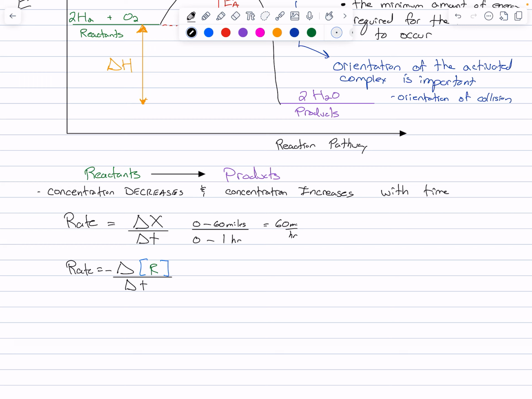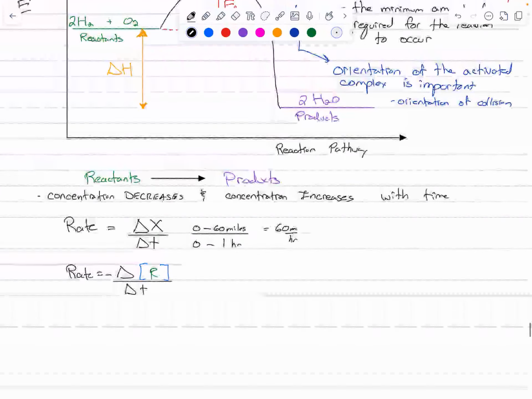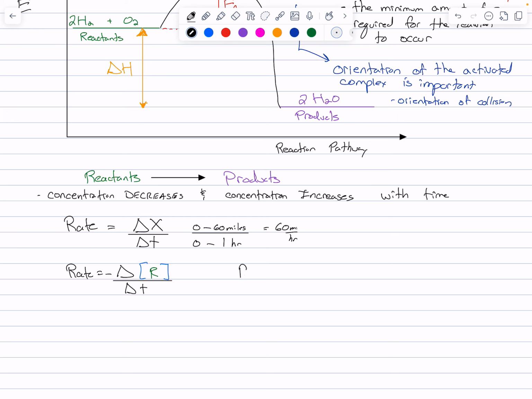Why would it be negative? Well, the rate is going to slow down with time. A lot of books will use it this way, where the rate is the negative change in concentration of A over the change in time. And these brackets mean the molar concentration of A, so the molarity.